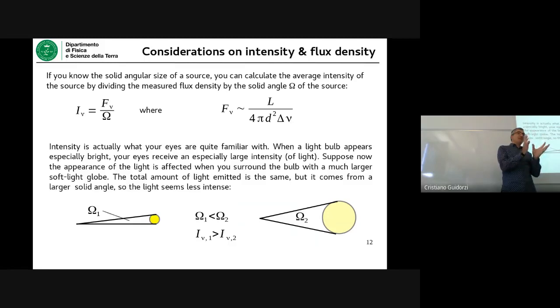So the same amount of energy coming now from a larger solid angle. So F nu over omega is smaller. So you feel better, less bright. So your eyes, your vision, human vision, is sensitive to intensity. Now, if you think of the result that I showed you before, that intensity is constant along the path in free space, this might surprise you.